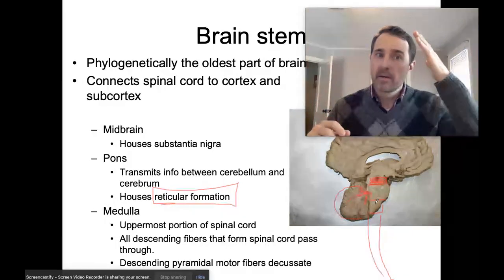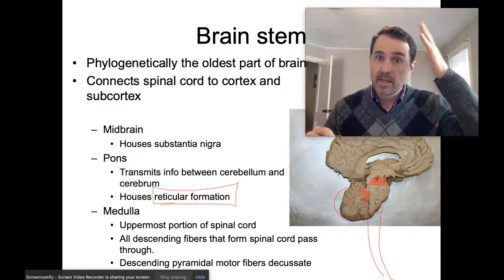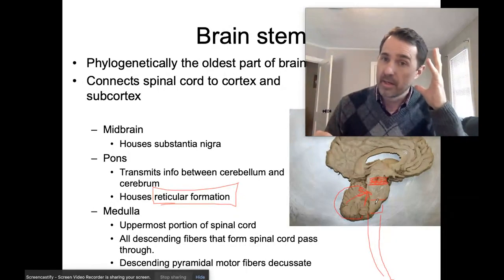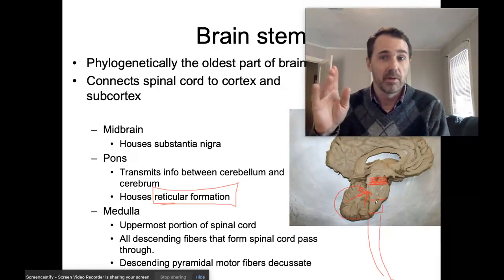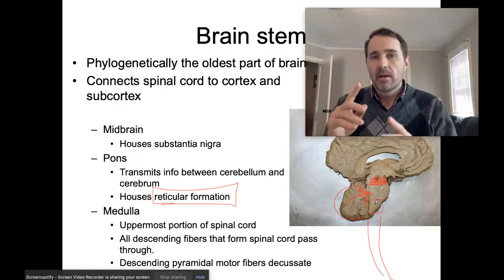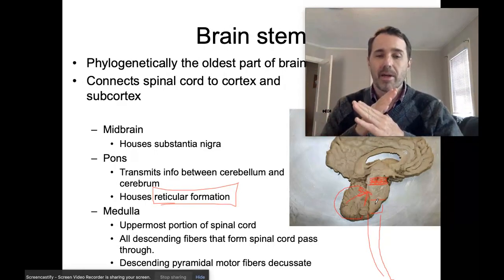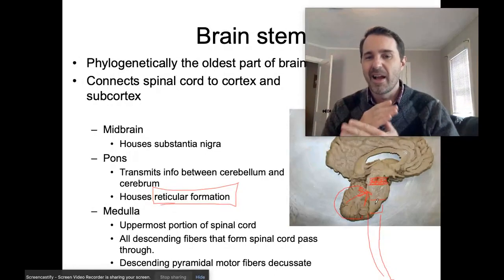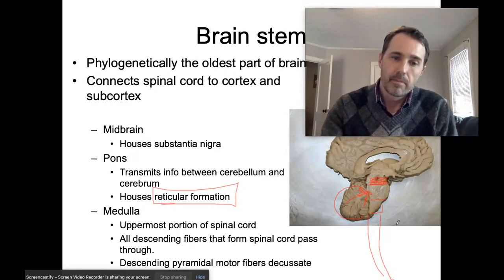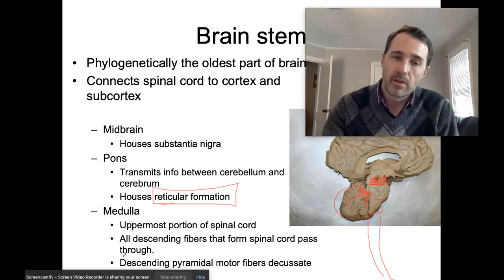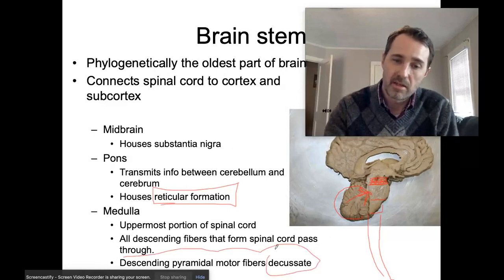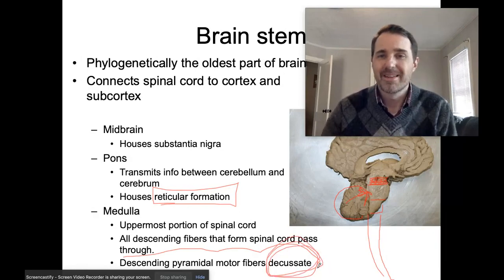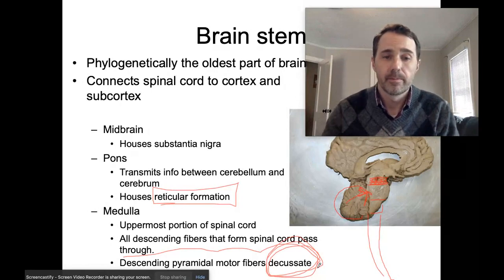But at some point, that signal has to get from the right side of my brain, which is on the right side of my body, over to my hand, which is moving, which is on the left side of my body. That crossing of those motor pathways happens at the medulla. And that is what is referred to here when this says descending pyramidal motor fibers decussate. So we use the word decussate in this context to mean that they cross from one side to the other.